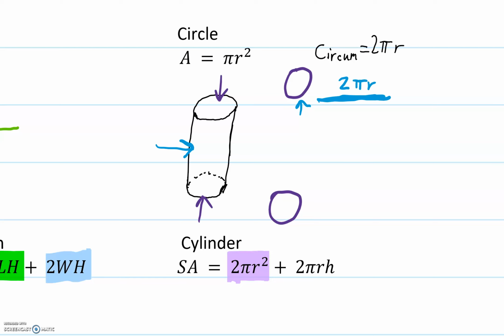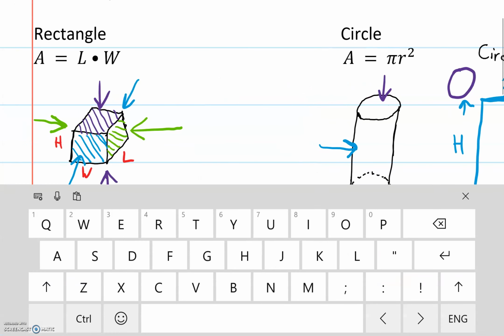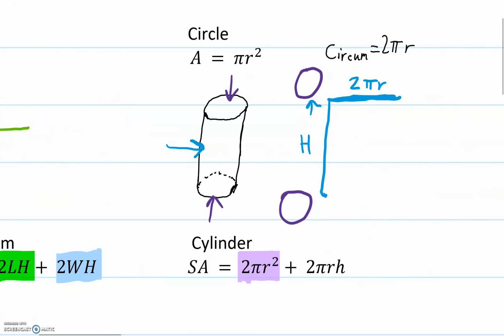And then this direction is just the height of our cylinder. So this is why the area of the cylinder's side is 2 pi r, which is the circumference, times h, which is the height.